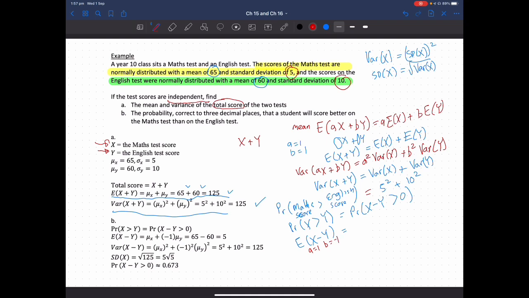So we have 1 times the expected value of x. The expected value of x was 65, minus 1, so we're adding negative 1 because b is negative 1, negative 1 times the expected value of y. That expected value was 60. So 1 times 65 is 65. Minus 1 times 60 is minus 60. 65 minus 60 is 5.